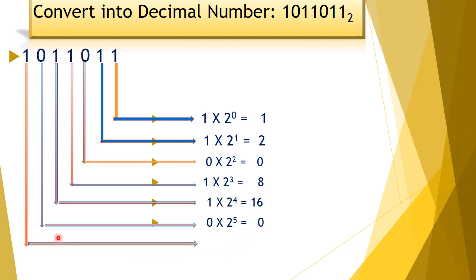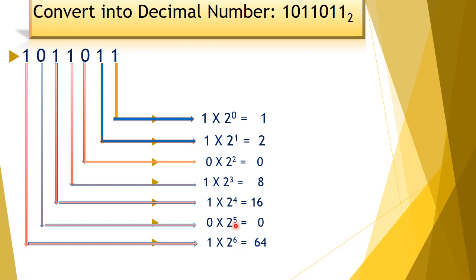Then the last digit remaining is 1. This 1 is multiplied by 2 raised to the power 6, and the product is 64.